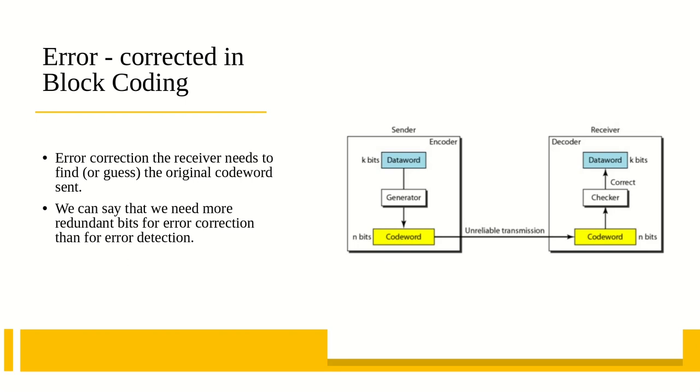In error correction, the receiver needs to find the original code word. The role of block coding in error correction: the idea is the same as error detection, but the checker function is more complex, as in the figure.